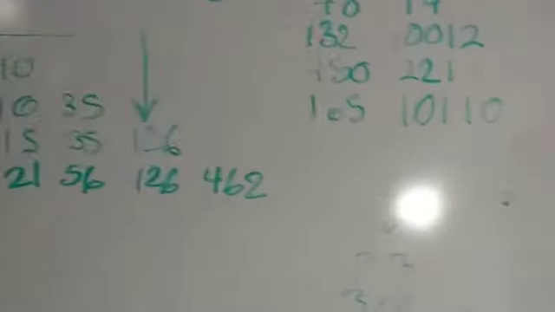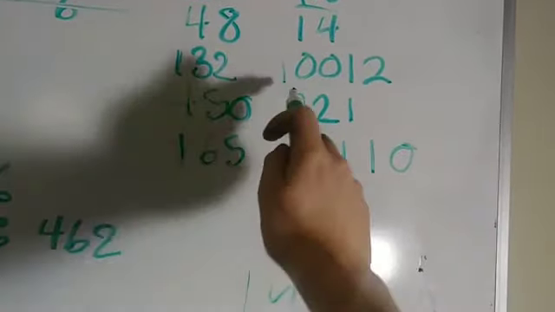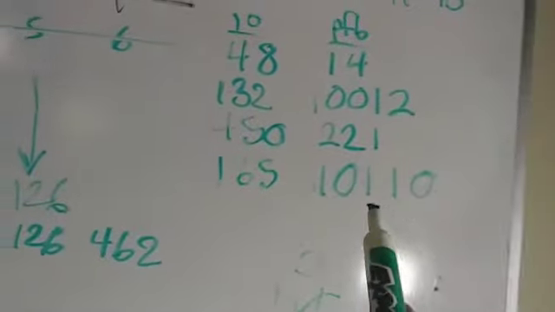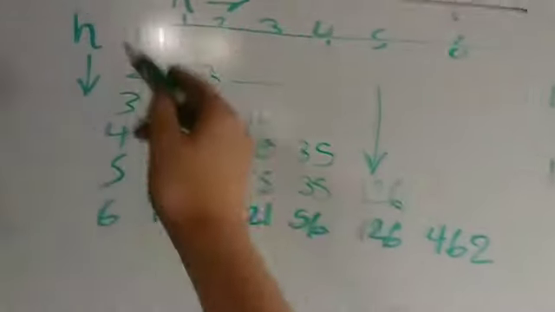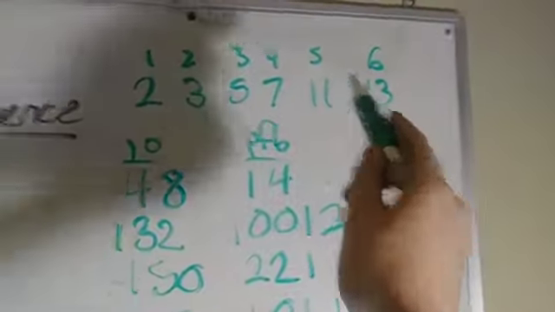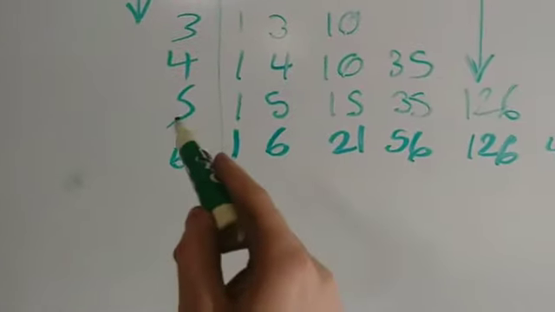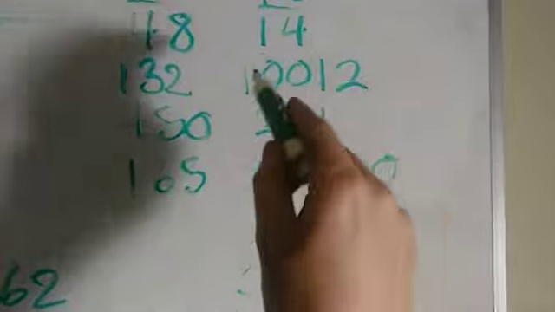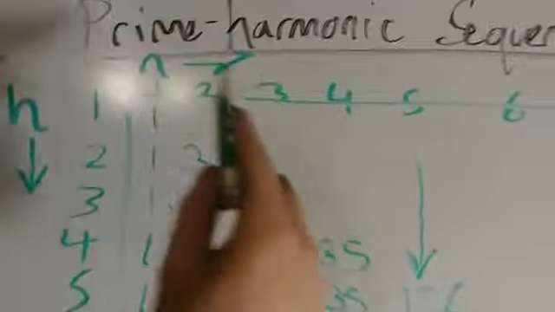Now we'll do 132. The highest prime in 132 is 11. Yeah, 11. So H is 5 because 11 is the fifth prime. Now we have to count how many factors are there. 1, 2, 3, 4. So N is 4.